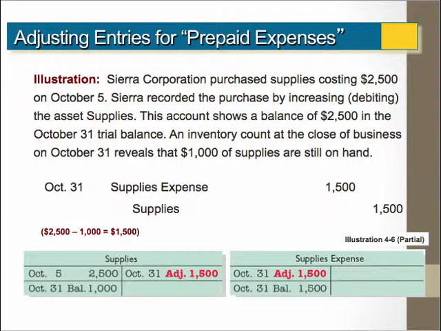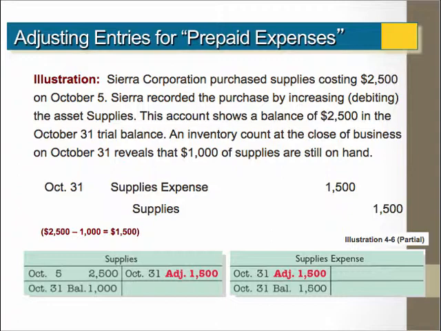At the close of business on October 31st, the company counts the inventory and finds that there's $1,000 of inventory remaining. Since the trial balance amount of $2,500 is in the T account, we need to make an adjusting journal entry to reduce that account to $1,000.